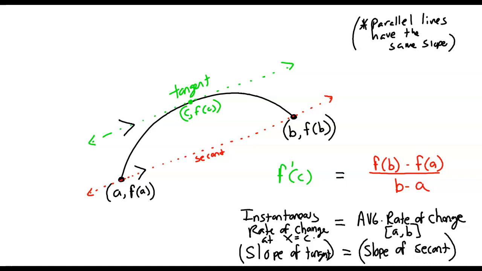All right? Now, let's just say you did that and you found your average speed was 40. Well, that's what would be represented by the slope of this red line here. That's the average speed of your car, the total distance over the total time. But what's represented by this green line here is at what points in time on the trip did your car actually reach that speed of 40 miles an hour?